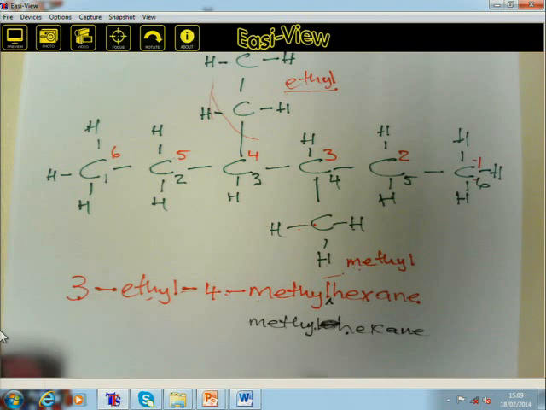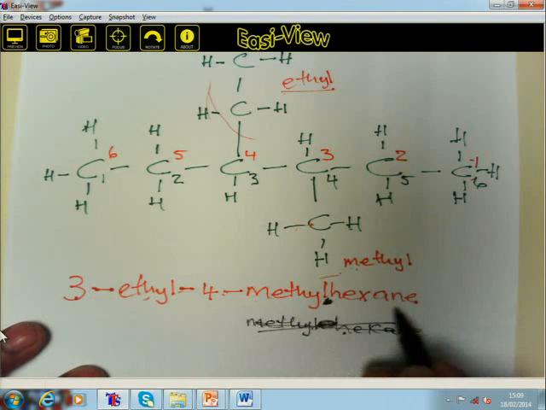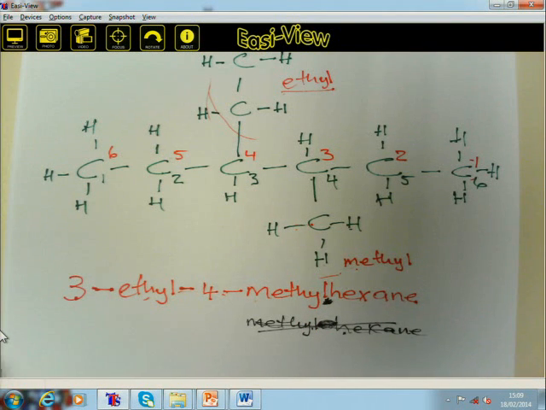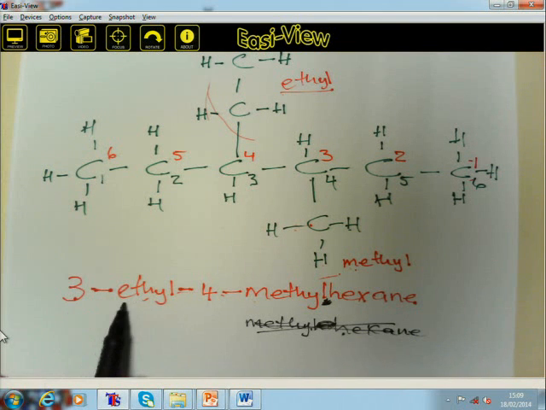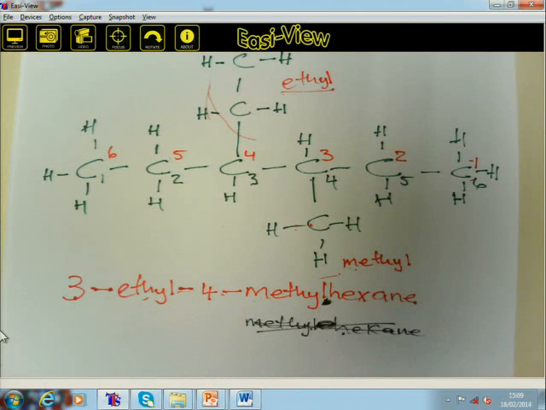So please don't write it this way, it's wrong, but make sure that there's no space in between the name of the compound. It is just one name. All right? So the name of this one will be 3-ethyl-4-methyl hexane. So that is the name of our compound.